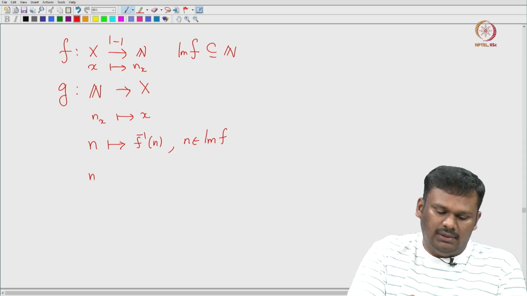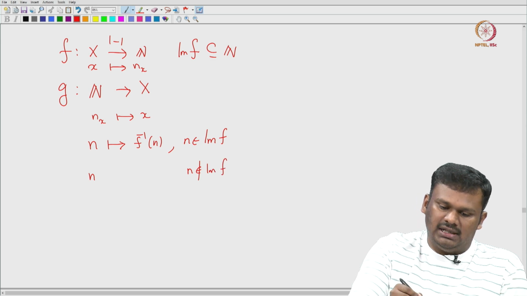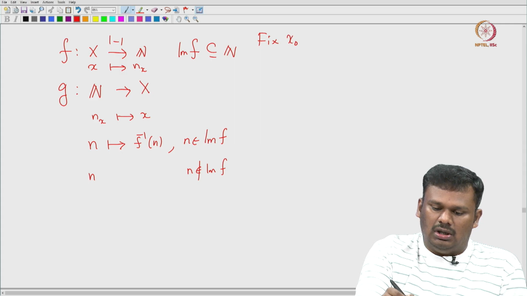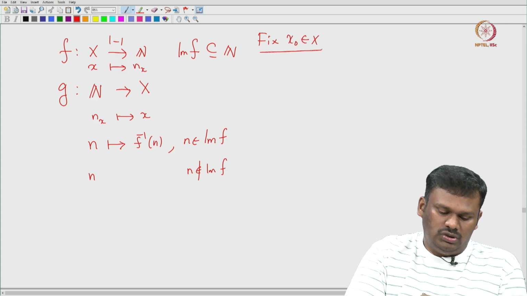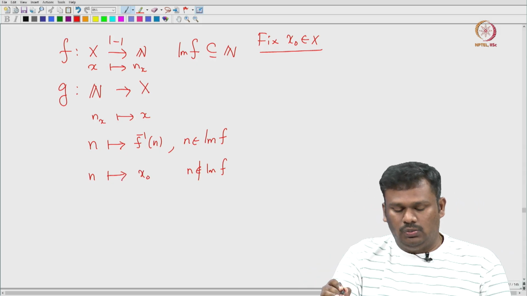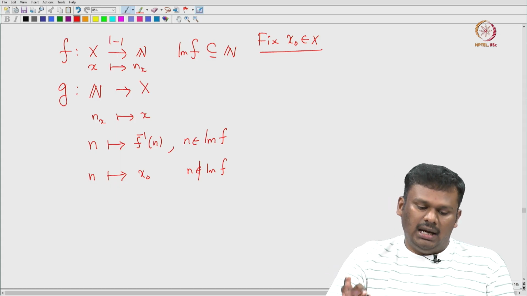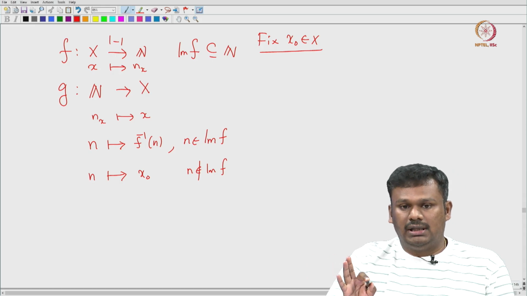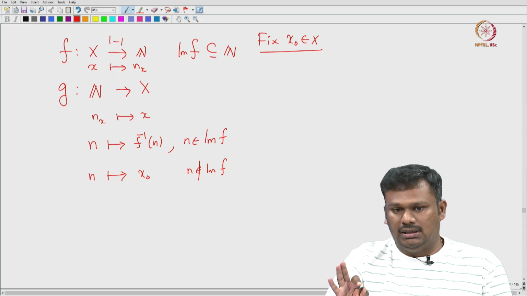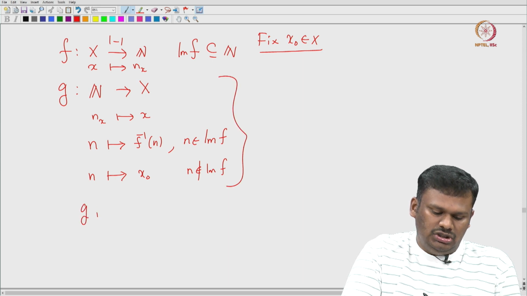If n does not come from the image, you pick one x naught in X and simply send n to x naught. If X is empty, then there is nothing to prove, so assume that X is non empty to begin with. Then you fix one x naught in X, and send all the elements which are not in the image to that particular x naught, and whatever is in the image you send to the pre-image, no issue. So, it is easy to verify that g is surjective.